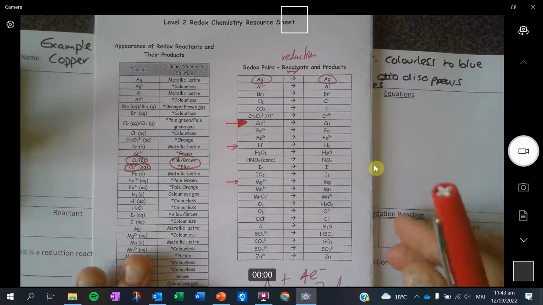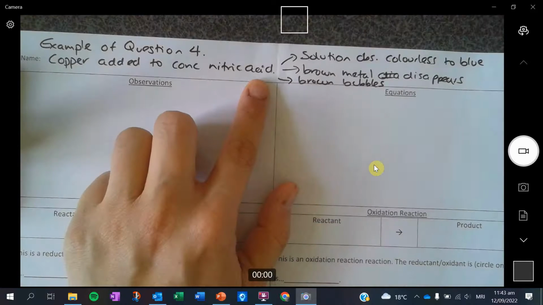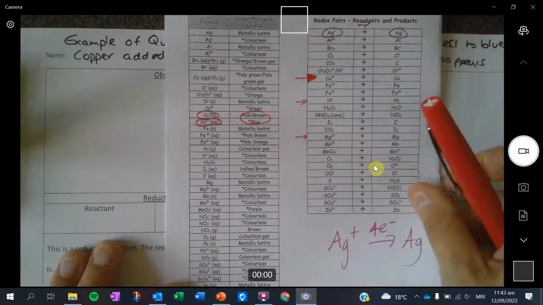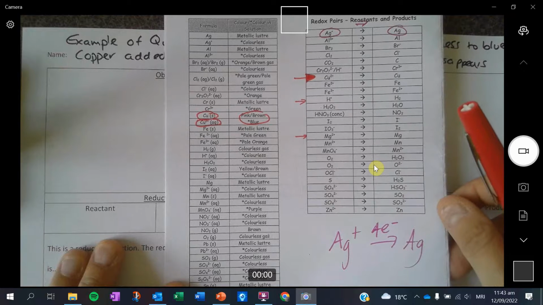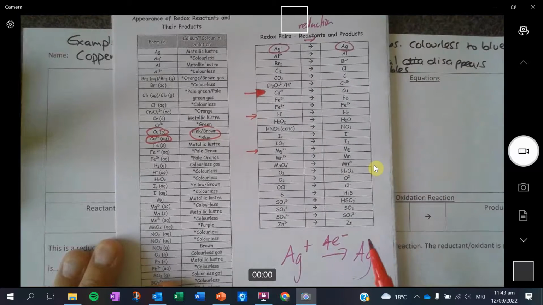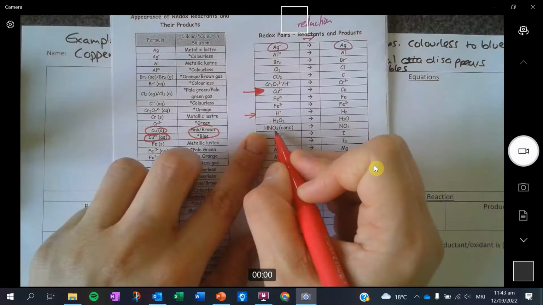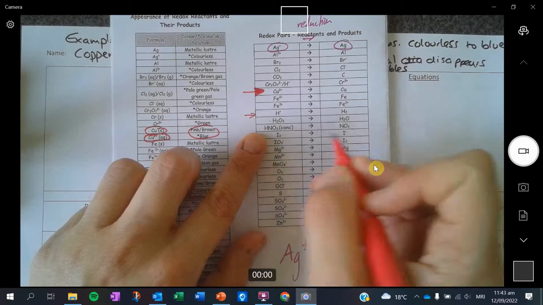Next thing I'm looking for is the nitric acid on my list. Here we go: HNO3 concentrated to NO2.